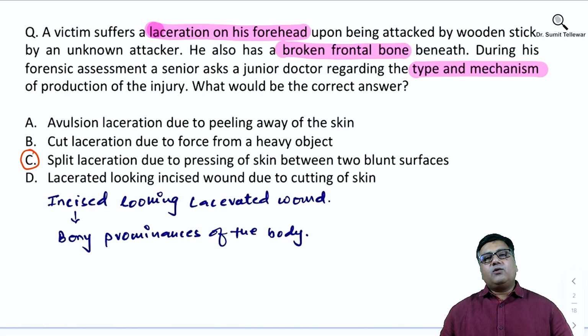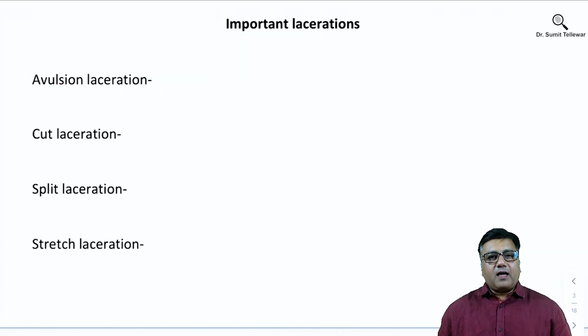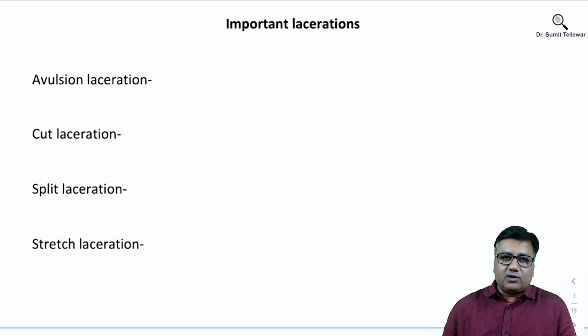Right? Now, let's see what are some important lacerations and how they commonly happen on the body. So, one is avulsion laceration.